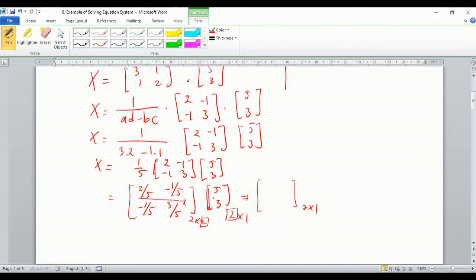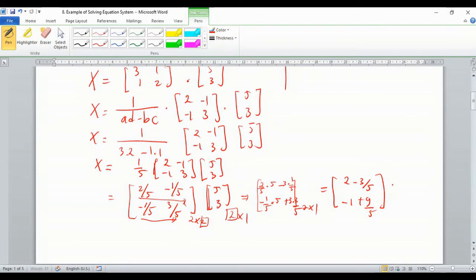2 over 5 times 5, minus 3 times 1 over 5, and then minus 1 over 5 times 5, plus 3 times 3 over 5. So this one is 2 minus 3 over 5, and this one is minus 1 plus 9 over 5.